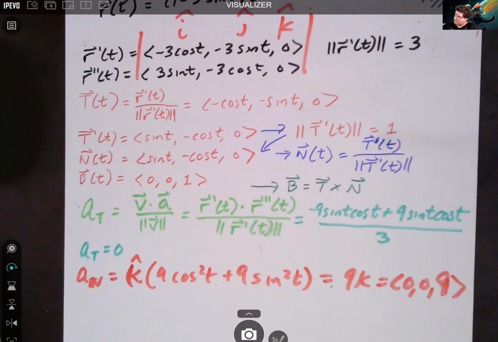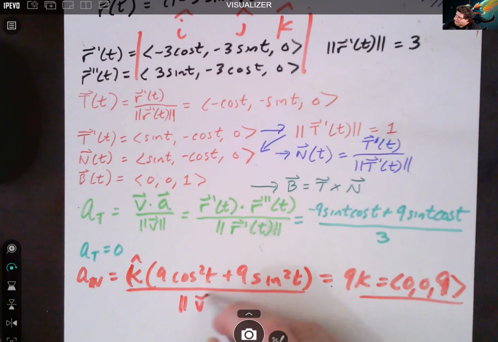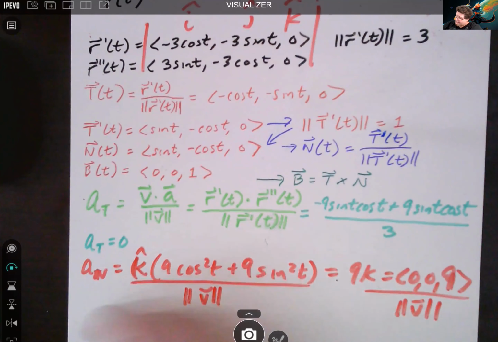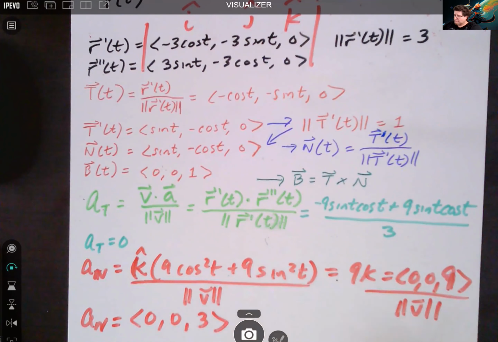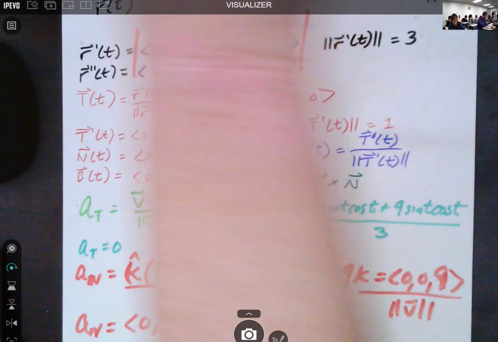Oh, and that's divided by the magnitude of v. So a_N is 0, 0, 3. So while it's going in a circle, it's constantly trying to go to the middle.